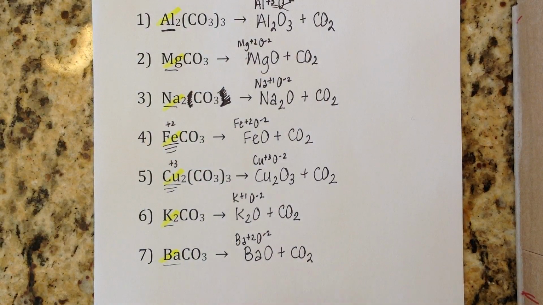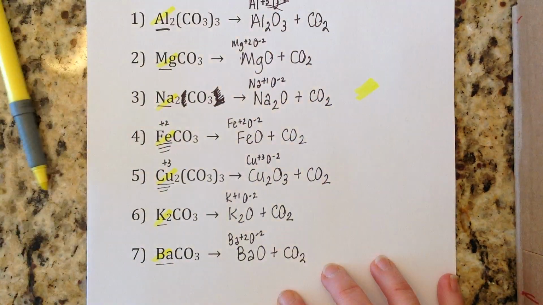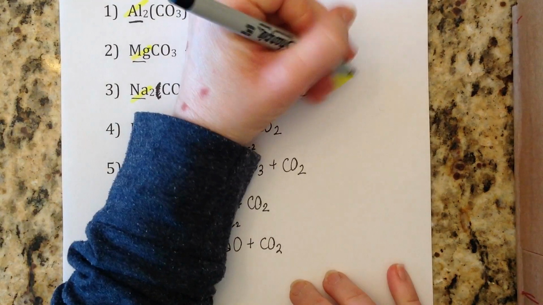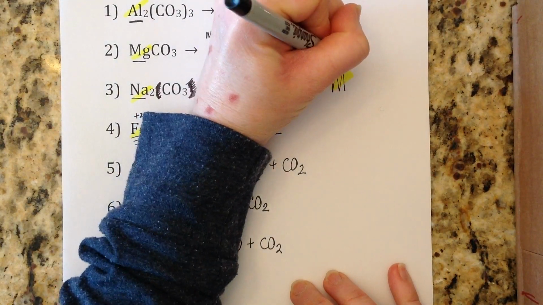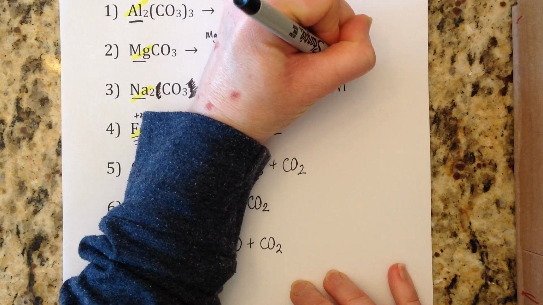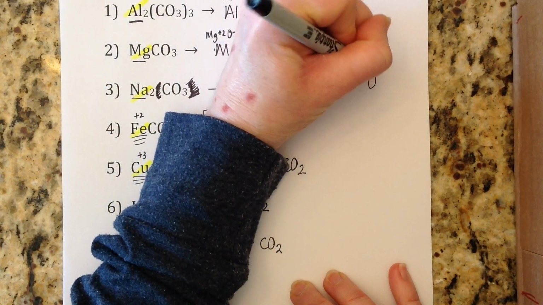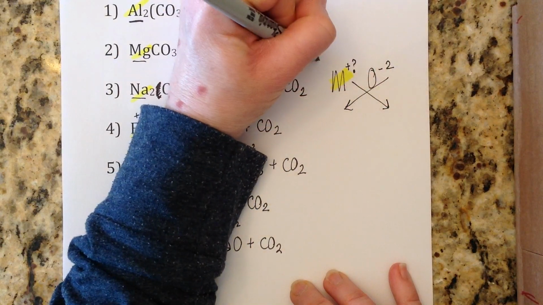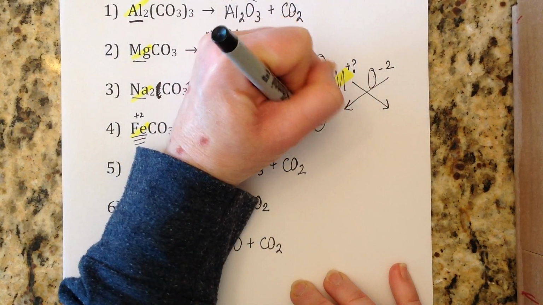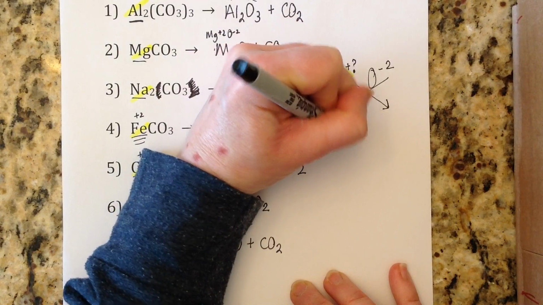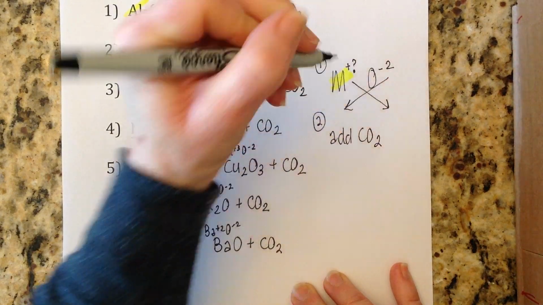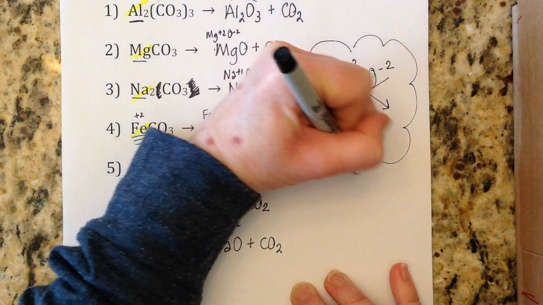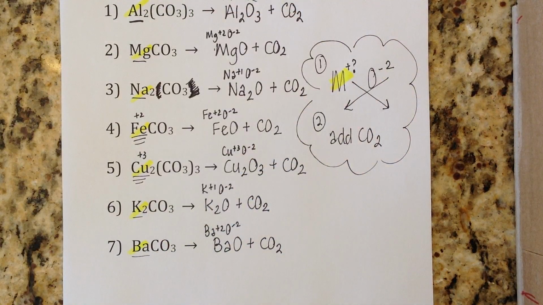When we take that metal, make a little note here, the metal with its positive whatever charge, and you're going to crisscross it with oxygen. That's the first step, and then the second step is add CO2. That is how we predict the products for a metallic carbonate.